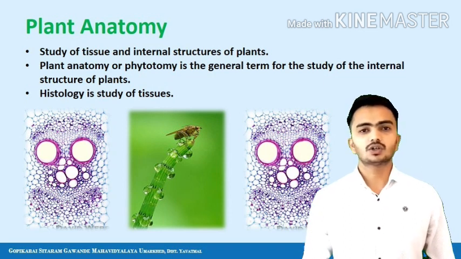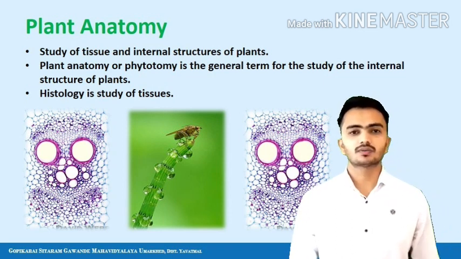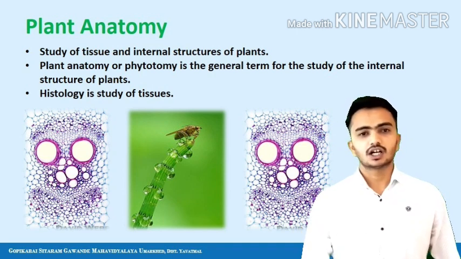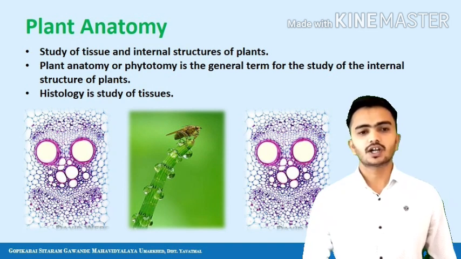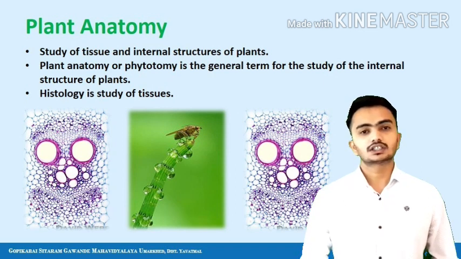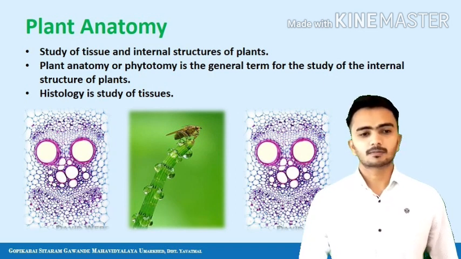So the branch of botany which deals with the study of internal structures of a plant is known as plant anatomy. Again, this plant anatomy is generally known as phytotomy. So phytotomy is a general term utilized for the study of internal structures of a plant.